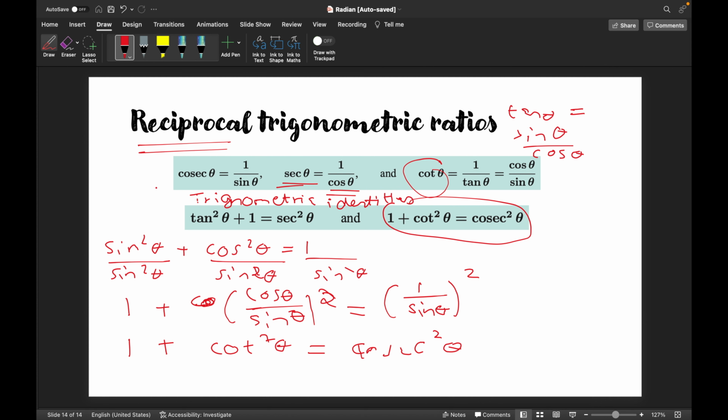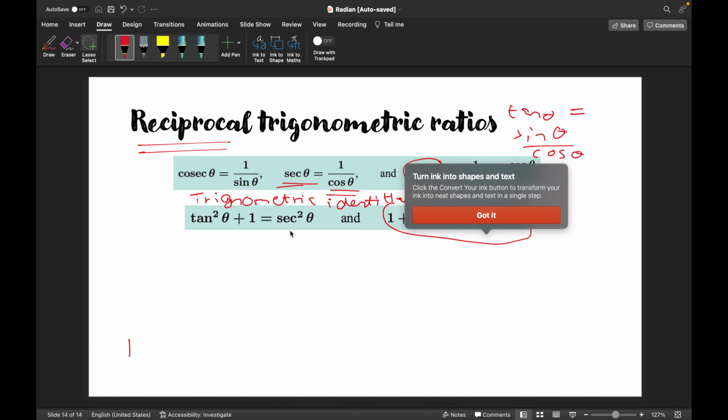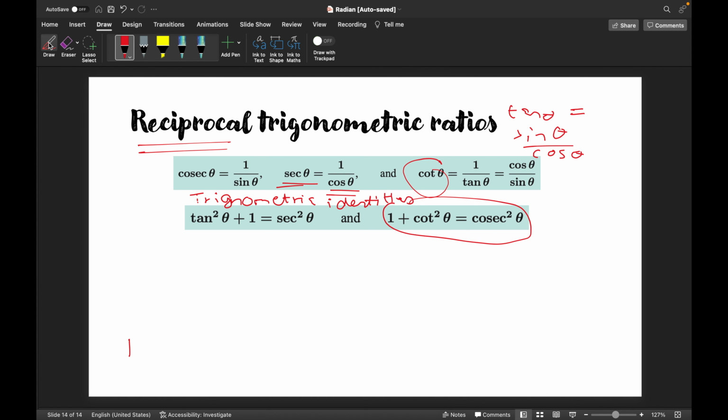Similar manner, let's prove the third identity. Okay. We have sine squared theta plus cos squared theta equals 1. But now let's divide this whole equation by cos squared theta.